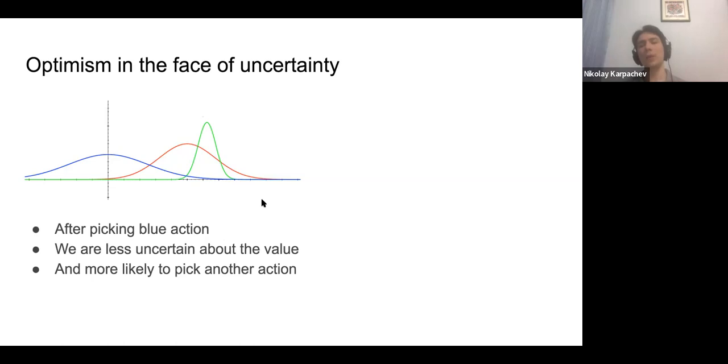So if we want to explore with a high rate, and we use these confidence bounds, then we'll explore the red action. And we'll continue exploring the red action until either we know that it is better, or we know enough about this action to move this curve to the left.